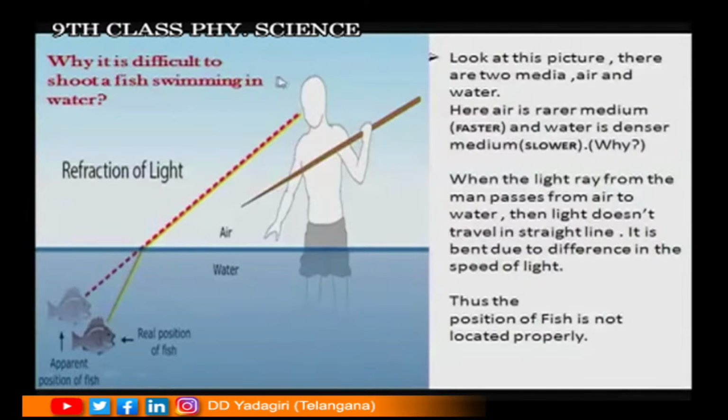When a ray of light passes from the man into air then into water, at the interface the light ray bends as it travels from air to water because of the difference in the speed of light. So, because of this it is difficult to shoot a fish swimming in water.